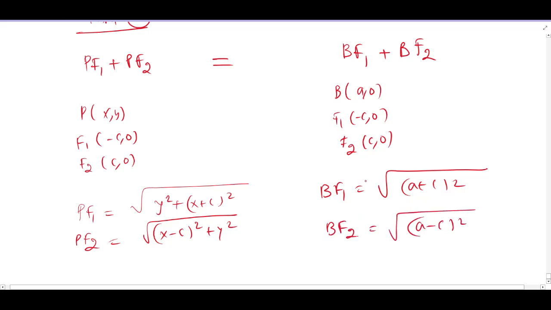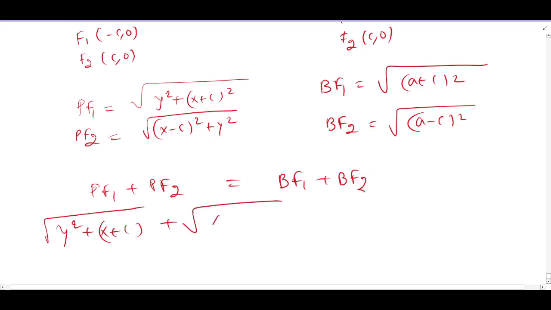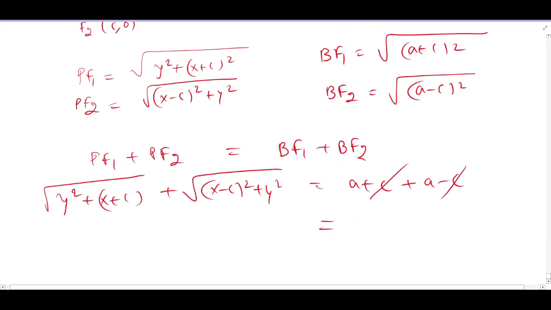According to the equation, PF1 plus PF2 is equal to BF1 plus BF2. So the root of y square plus x plus c whole square, plus the root of x minus c whole square plus y square, is equal to a plus c plus a minus c, which is 2a.